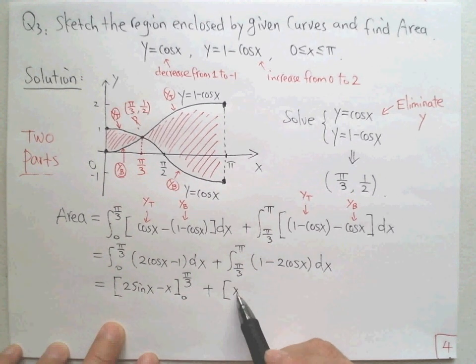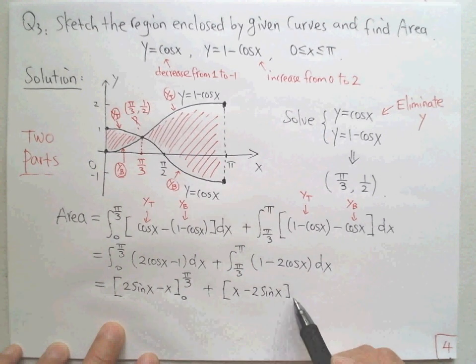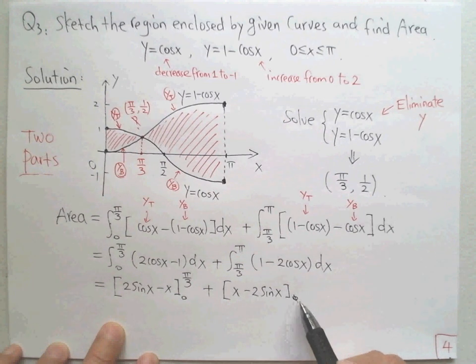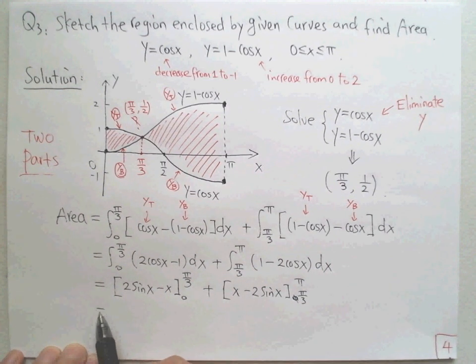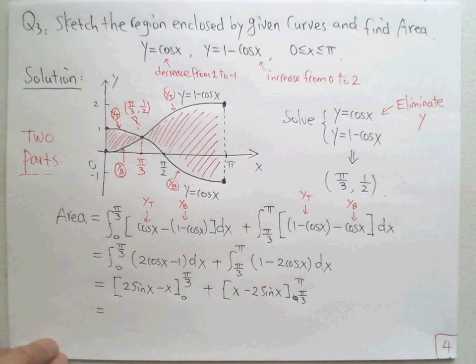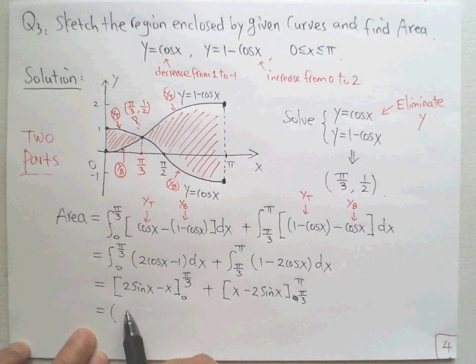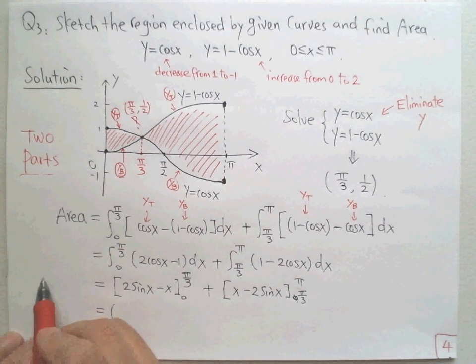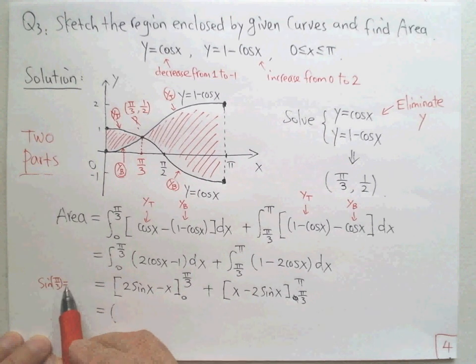And then the second is the same: x minus 2 times sine x, from pi over 3 to pi. Now plug everything in. For the first, plug in sine 30 degrees.